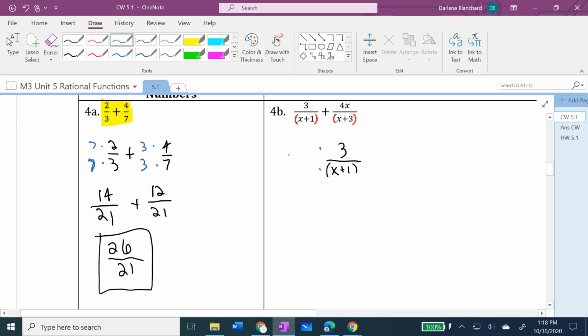I'm allowed to multiply the top and the bottom by the same thing. And then I have the 4x over x plus 3, and I'm keeping a parenthesis around that x plus 3. I need to multiply its fraction by the other's denominator, which is x plus 1.